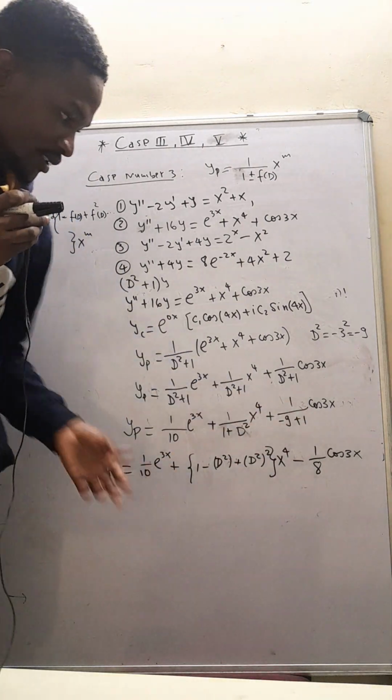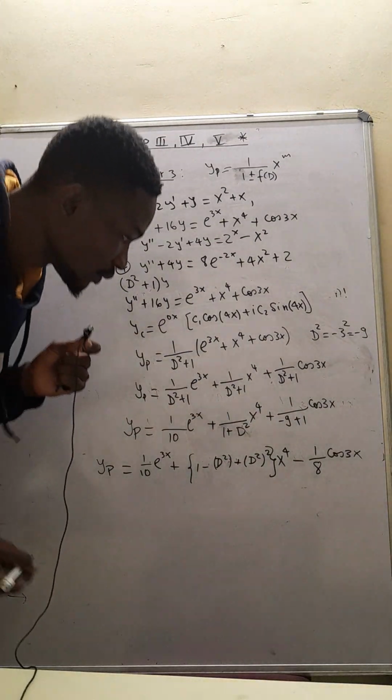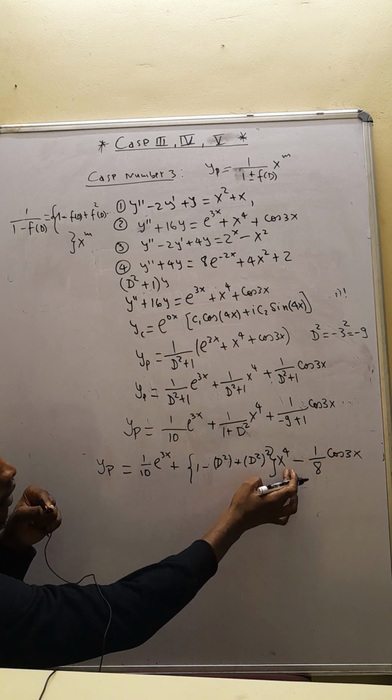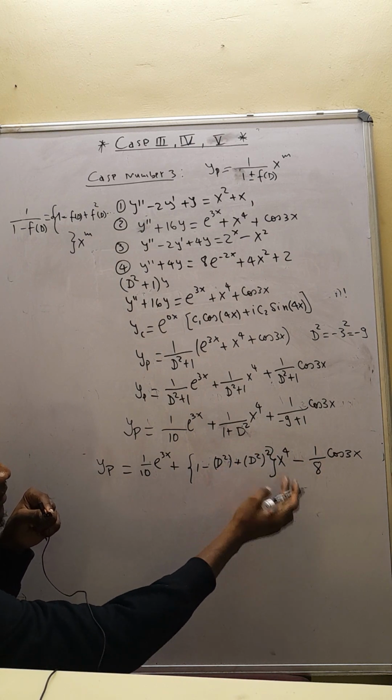Now, this is the equation. What you have to do, see, here it is done. This one is done, but this one you have to apply the function to the operator, just like this.